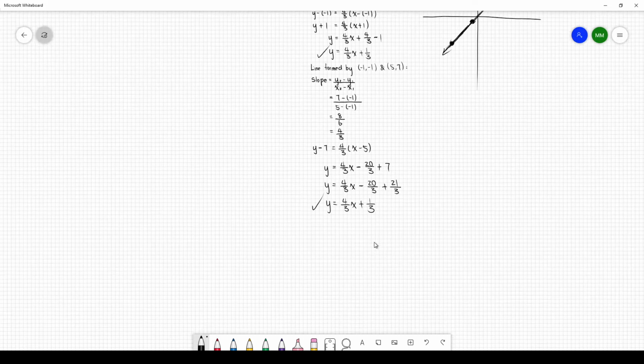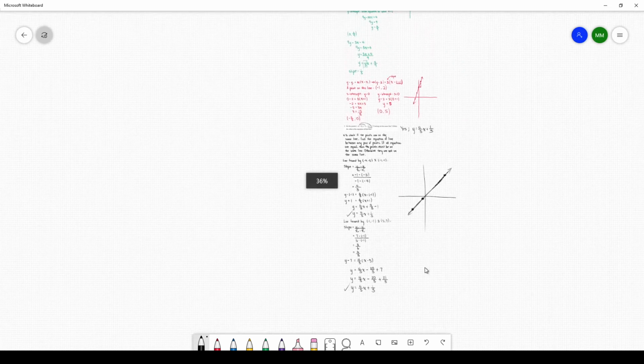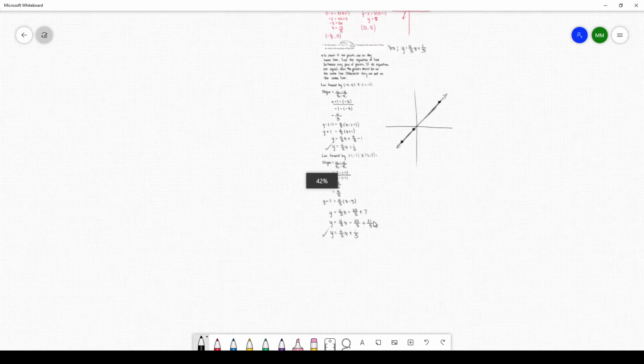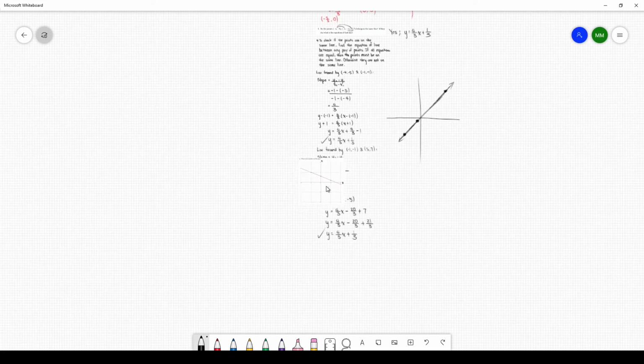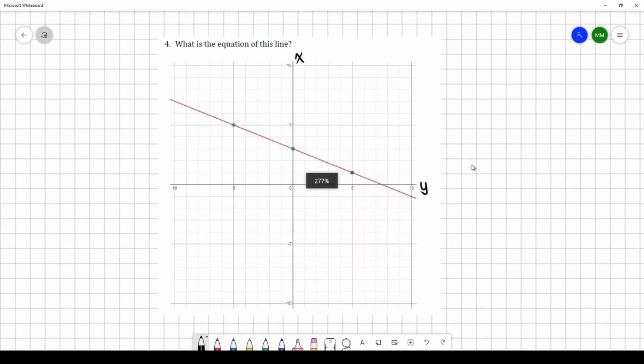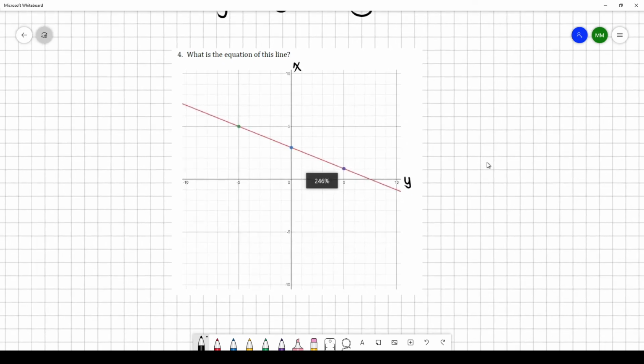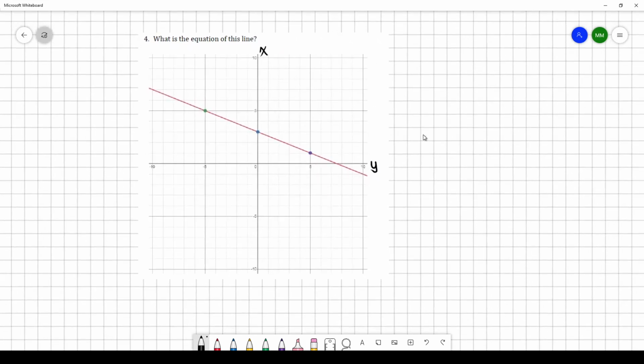So the last question, I gave you a graph, and I want you to find the equation. Now, most of you found the equation y is equal to negative 2 over 5x plus 3.